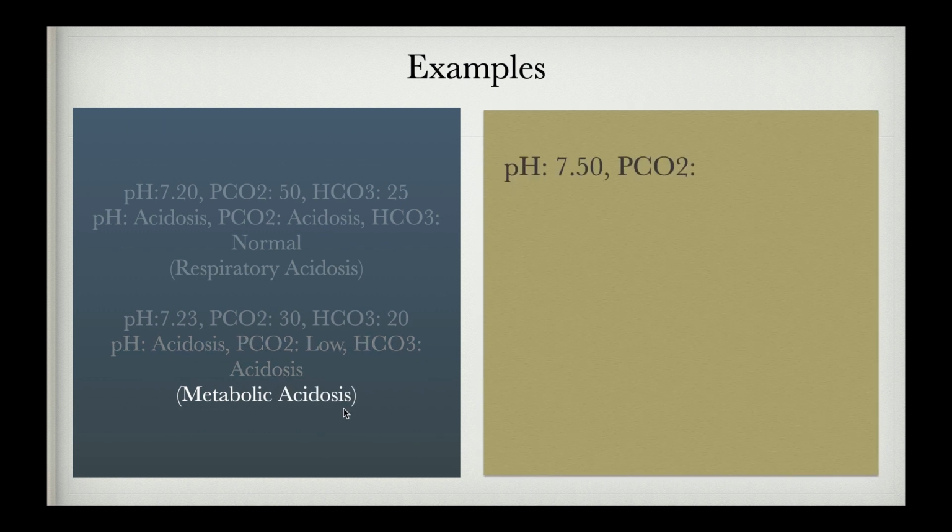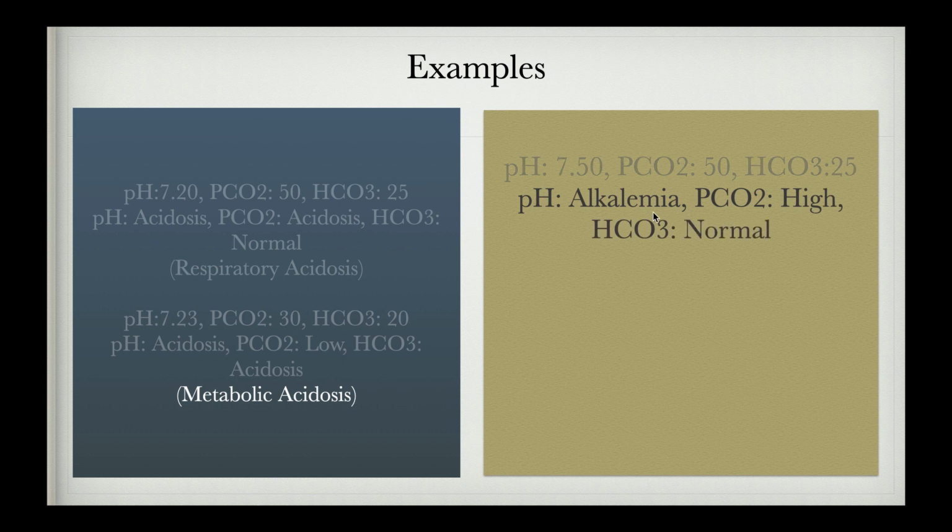Again, if the pH is 7.50 and we have a carbon dioxide of 50 and bicarbonate of 25, what we realize is that there is alkalemia because the pH is more than 7.45, and the carbon dioxide is 50, which is also high.